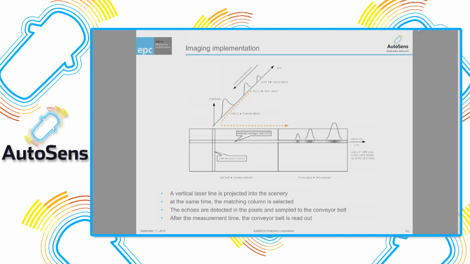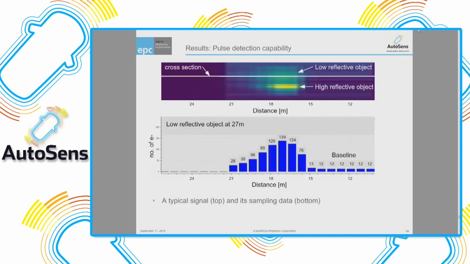The laser illumination is a vertical line which is swept over the pixel field on a MEMS mirror, and the controller selects the appropriate row where the laser is firing. So we fire a laser pulse, the laser goes into the scenery, echoes come back, are stored to the conveyor belt, and then in this frame store buffer. And here the echoes are read out.